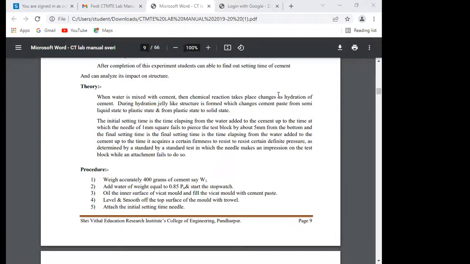While in case of the initial setting time test or setting time test, we are going to add the water that is 85% of your standard consistency.